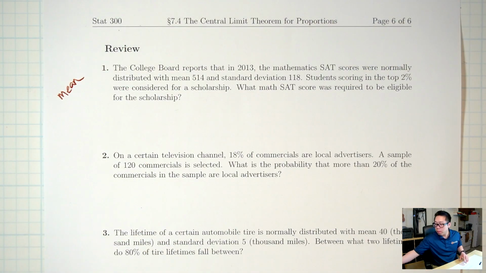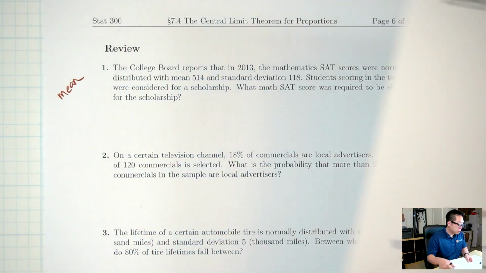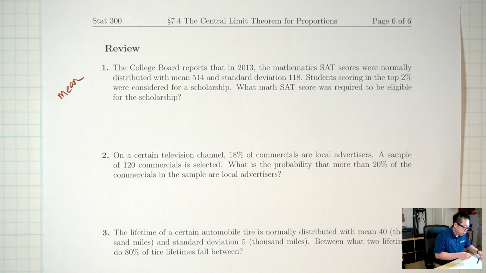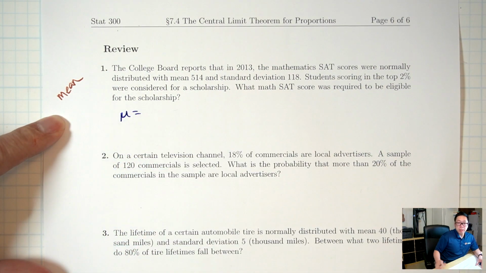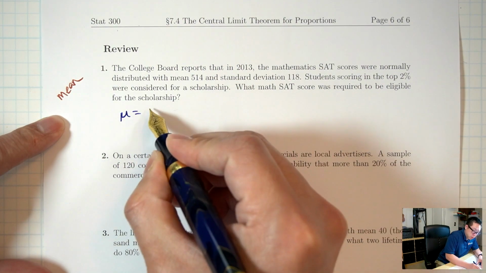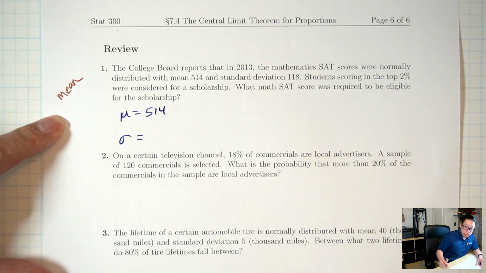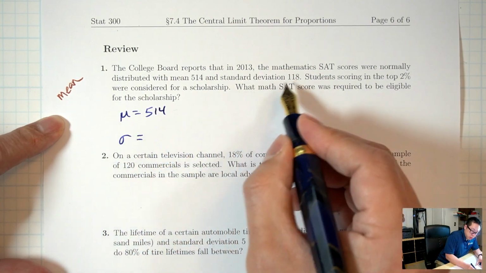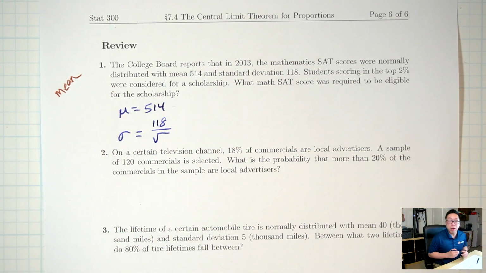And then let's go ahead and write down what we're supposed to use for the mean and what we're supposed to use for the standard deviation. So for the mean, it's going to be whatever mean is mentioned in the problem. So that's the mean of the original population. So that's 514. Standard deviation is going to be the original standard deviation, which is 118, divided by the square root of the sample size.